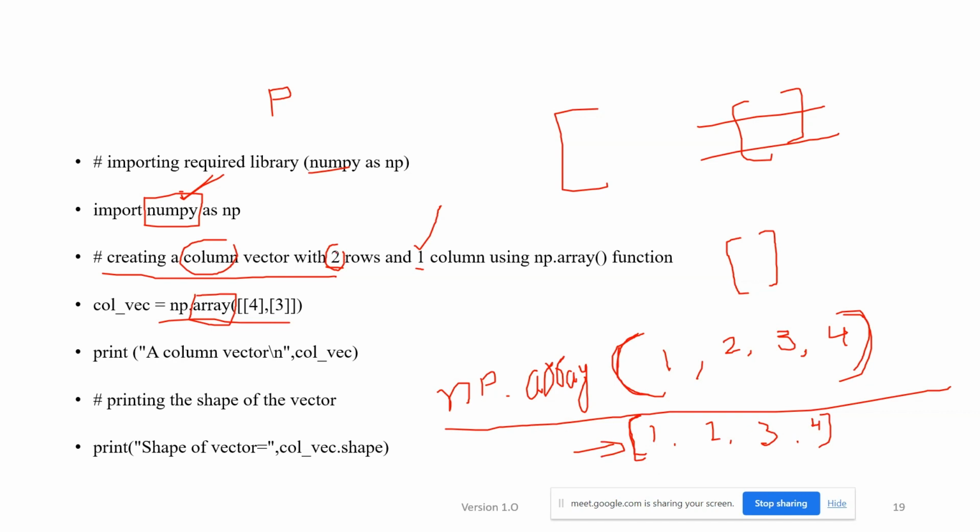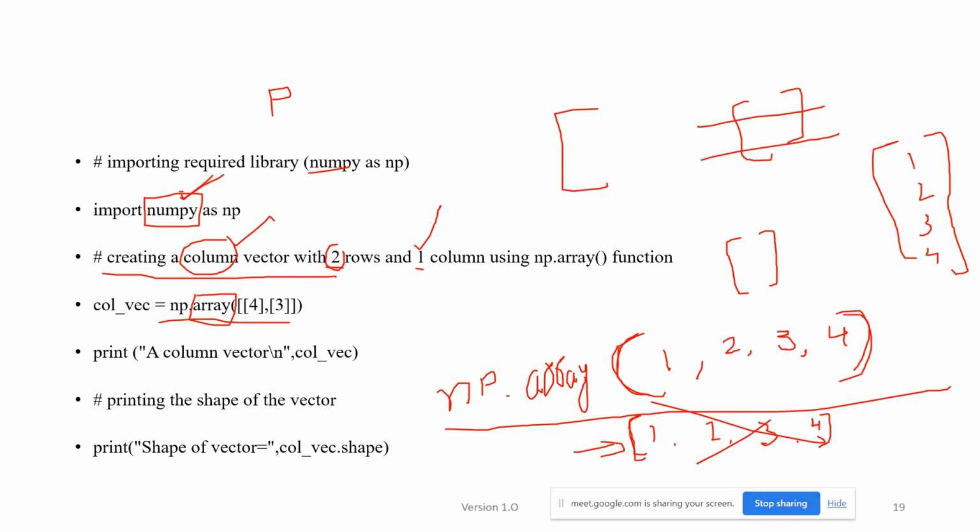But our intention is to create a column vector, not like this. We have to create a column vector like this, having values 1, 2, 3, 4. When you represent in this format, by default it creates a row-wise matrix.